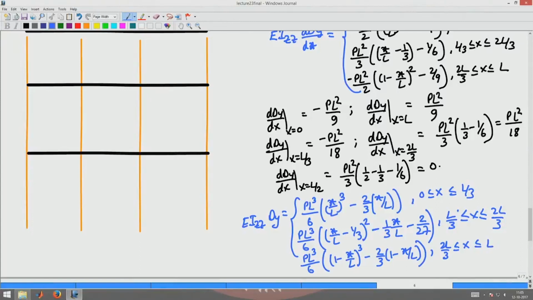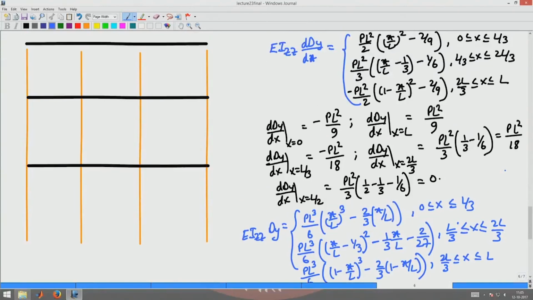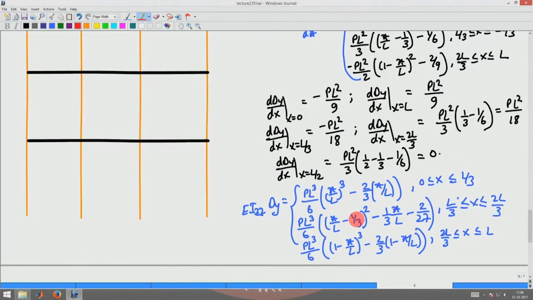Now you are interested in finding delta y at 0. From this equation you can see that it is 0, and delta y at x equal to L is 0 from this equation. Okay. Then we are interested in finding delta y at L by 3, delta y at L by 2 and delta y at 2L by 3.